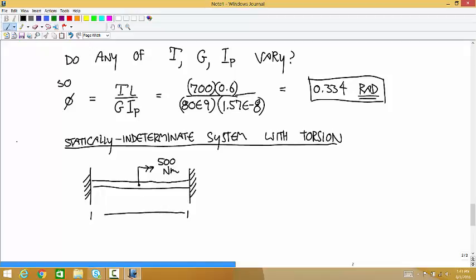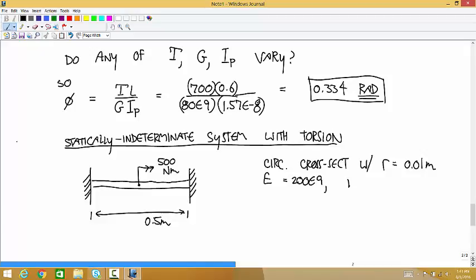The whole length of the bar is 1/2 meter. Let's say that it has a circular cross-section with a radius of 1 centimeter. And the Young's modulus is 200 times 10 to the 9th Pascals, and Poisson's ratio is 0.3, so it's steel. And we want to know what are the reactions.